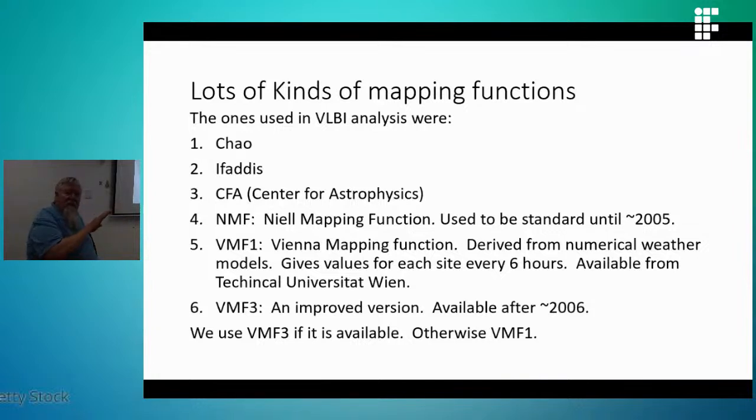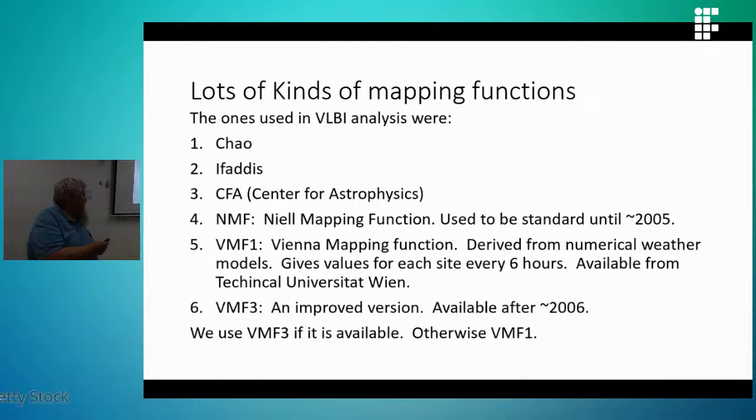So this Vienna mapping function gives an empirical mapping function derived from these numerical weather models every 6 hours. So there's a new mapping function every 6 hours, and between those you'd have to do some kind of interpolation. This information is available at a website from the Technical University of Vienna.